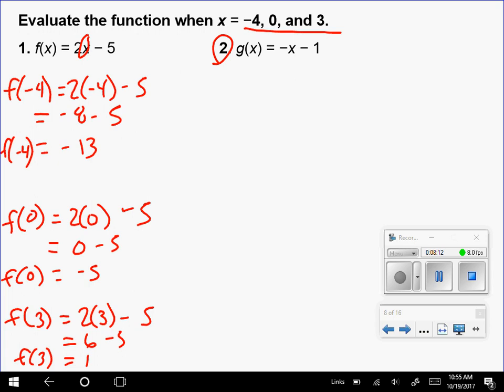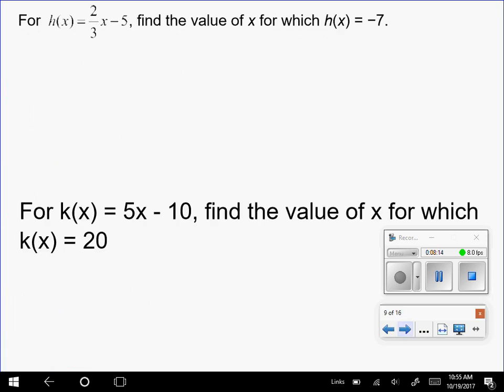Then we have one other type of problem that'll be on your homework, and that's kind of going the other way. It says for h of x equals 2/3 x minus 5, find the value of x if h of x equals -7. So now we're going to plug in -7 where we see h of x. So -7 equals 2/3 x minus 5. Kind of working backwards, what is x going to be if our function is equal to -7?